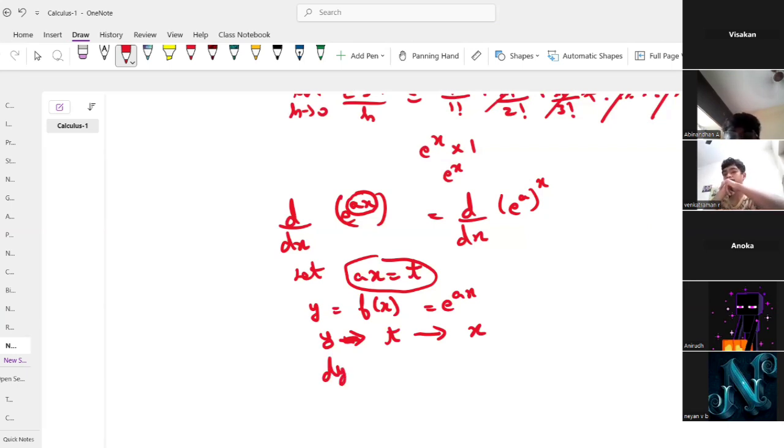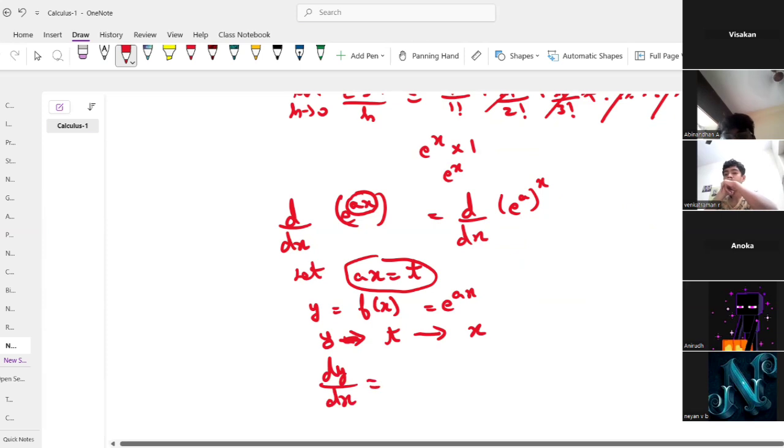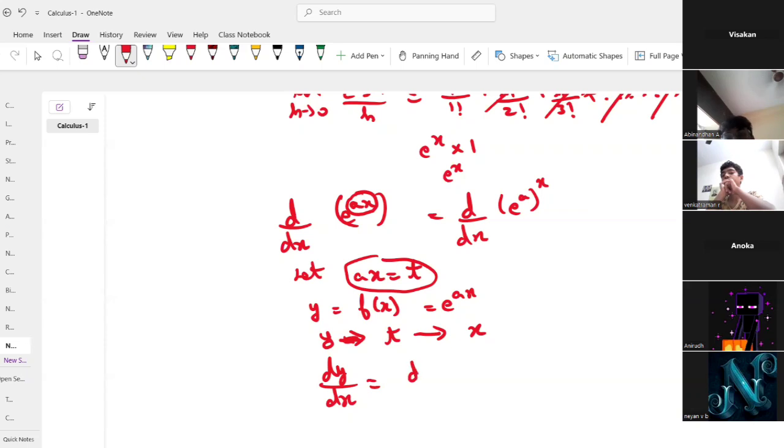So now if I want to find dy by dx, I understand y is not directly related to x, it's only related to t, and t is only related to x. So they call the chain dy by dt first, y's relationship with respect to t, followed by t's relationship with respect to x. Do you understand this? Yes, sir. y is now going to obey what t says, and t is going to obey what x says.